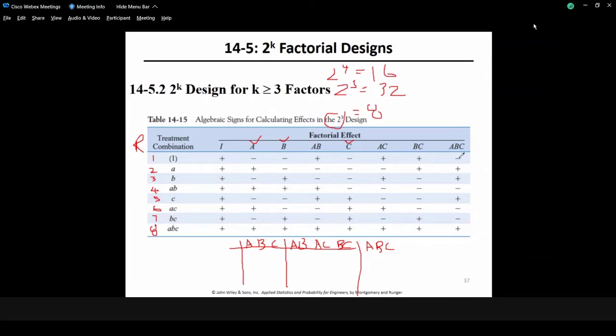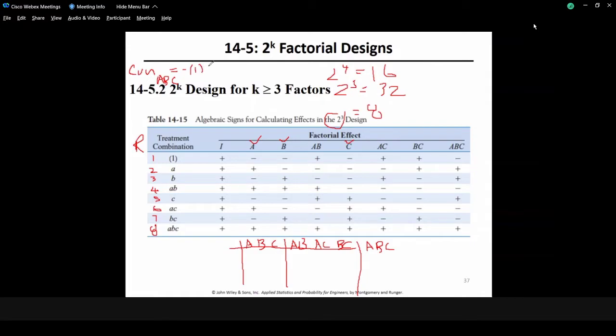Okay, this is to get the contrast. For example, the contrast of A, B, C. Remember the example, contrast of A, B, C equals, just follow the signs here.